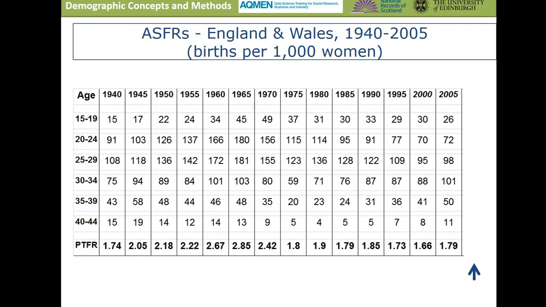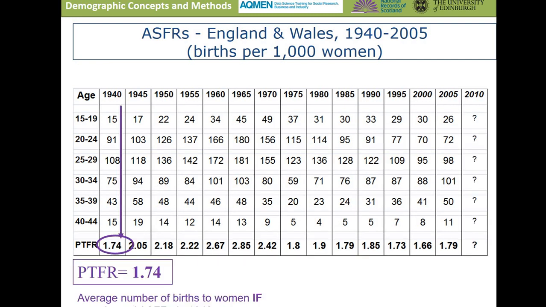So here I have a table to show a calculation of both the period total fertility rate and the cohort total fertility rate. I have age running along the rows of the table and the year running along the columns of the table. And we can calculate a period total fertility rate very easily by just summing those age-specific fertility rates.